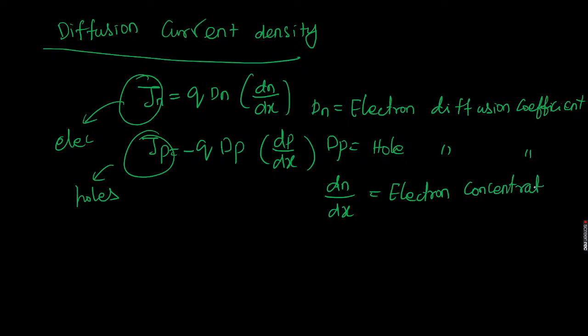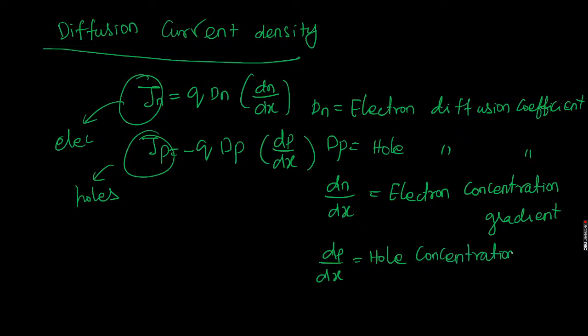Next, dp by dx is what? Hole concentration gradient. That's all. Just remember, the rest of the things you know, no? This is charge, positive charge, negative charge. That is Q, 1.609 into 10 power minus 19 is its value. That's all.